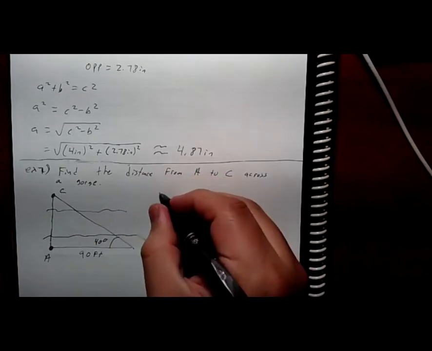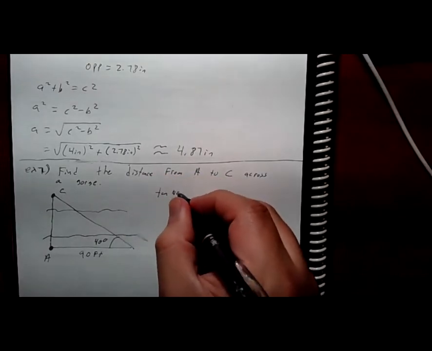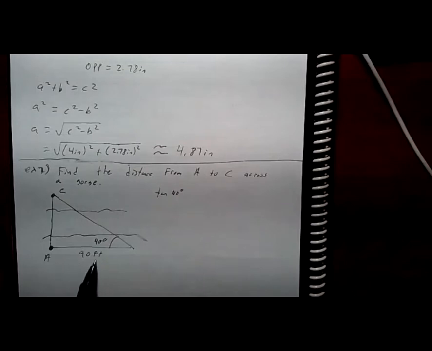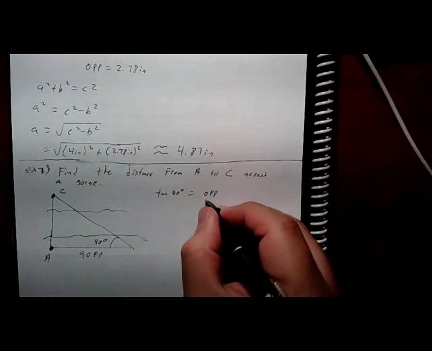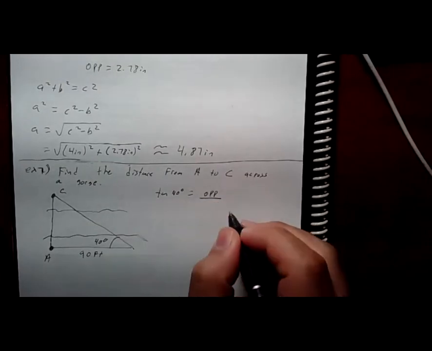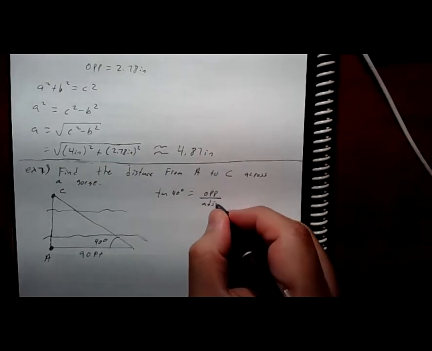So we can use tangent to help us out because we have one of the sides and we need the opposite side. So tangent is equal to the opposite over adjacent.